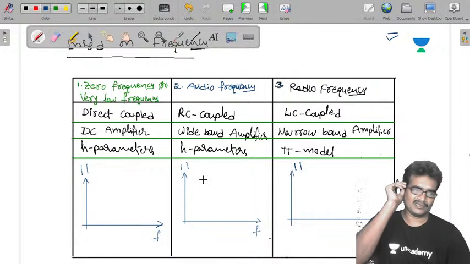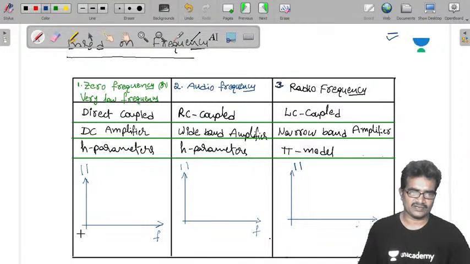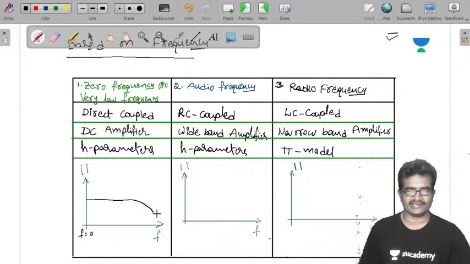Let us take this as frequency 0. Direct coupled is a DC amplifier, so a DC signal with f equal to 0 is also amplified. At high frequencies, gain decreases.